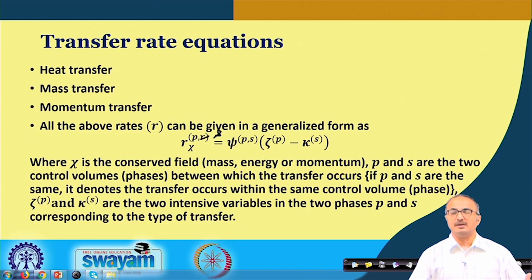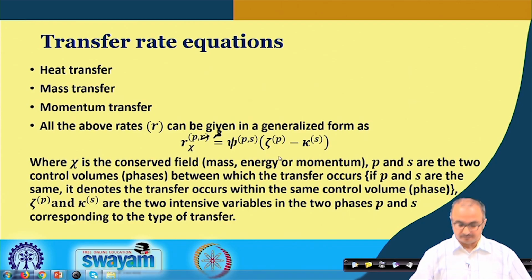It may take different forms, as we shall see after some time, but this is the general form: a driving force of the intensive variables corresponding to this particular conserved field.